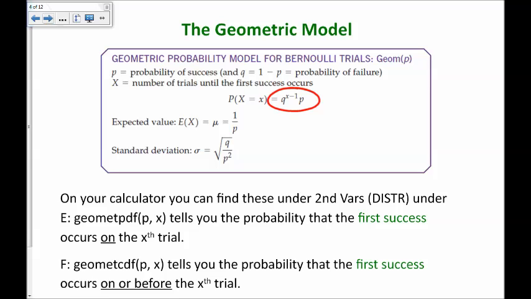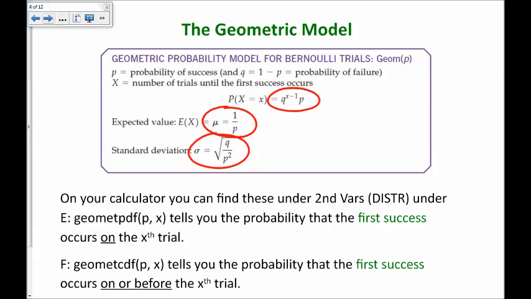Okay? The expected value, or the center of this distribution, would be 1 over P, and the standard deviation would be the square root of Q over P squared. You can look at the textbook for how that's derived. On your calculator, you can find these under second vars, which is the distribution menu.